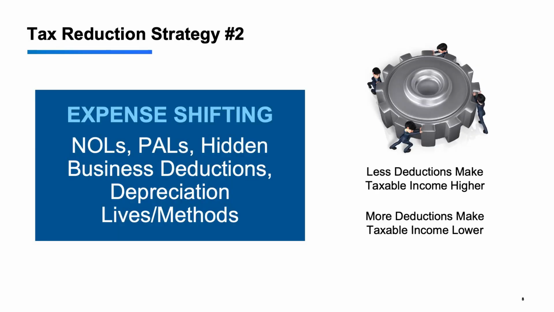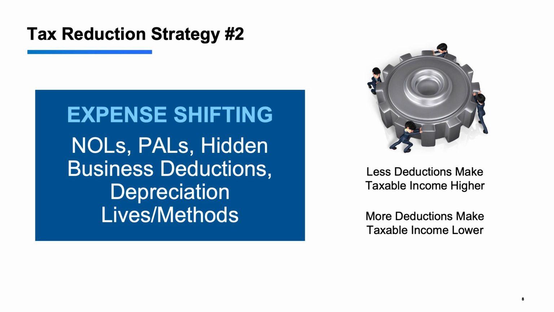Now, just like income shifting, we can use expense shifting to change the timing of when we take or recognize that deduction. For example, net operating losses. There are special rules that apply when you have more expense than income in a business.